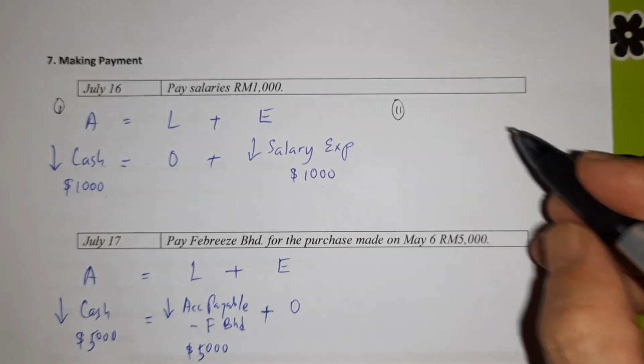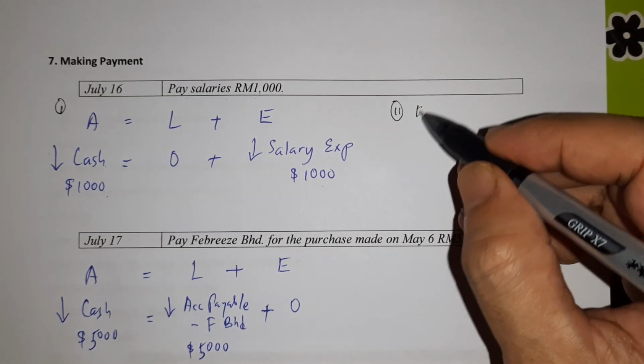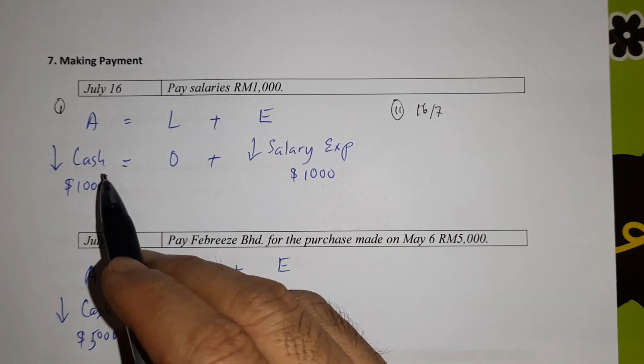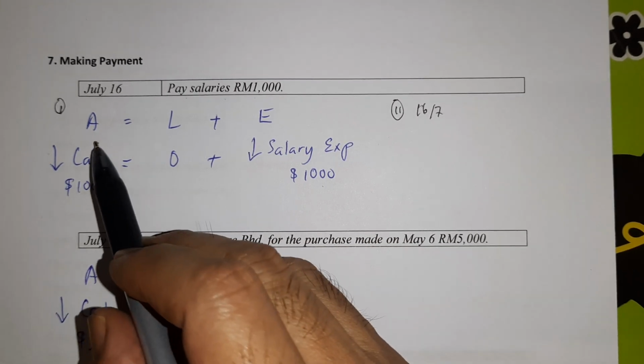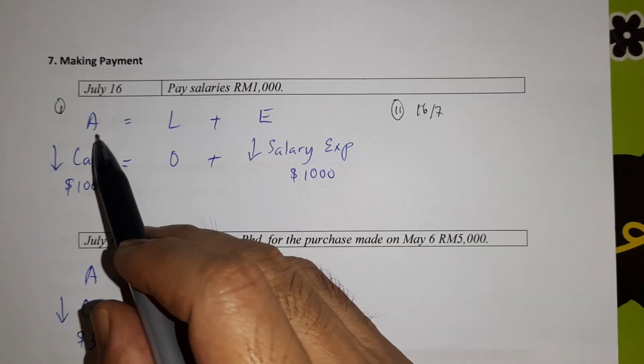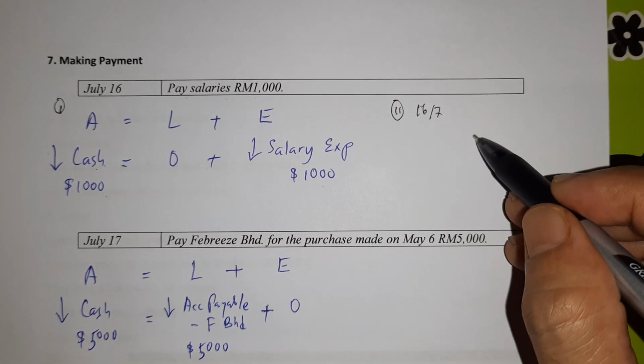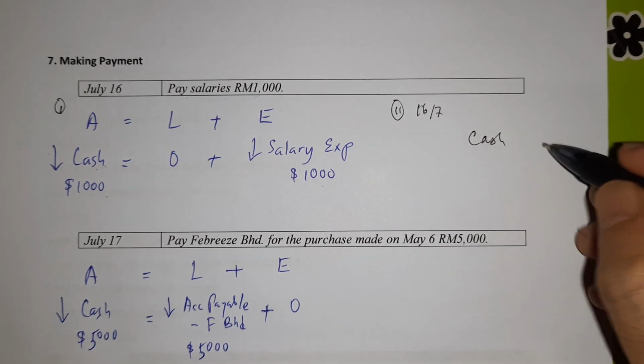So the journal entry is like this. You have to write the date, 16th of July. You can do either way. If you want, you do this first, you can also. Credit cash, asset decrease credit, so you write the cash. Credit cash 1,000.